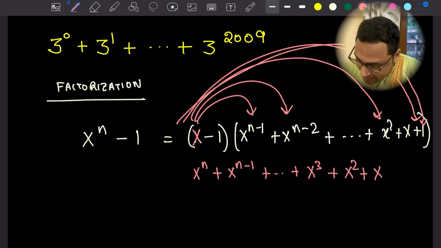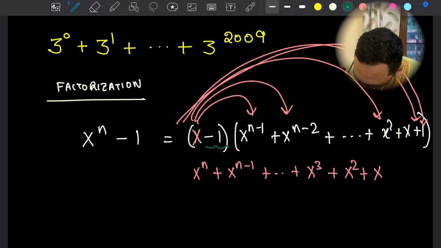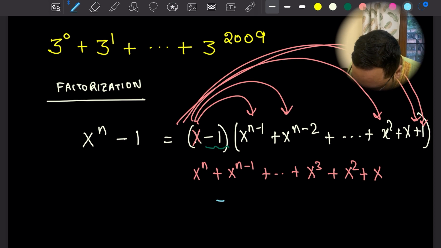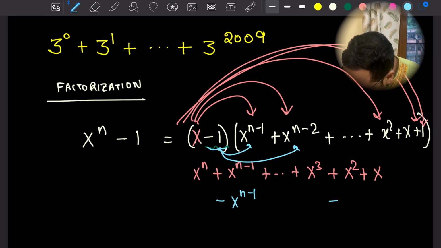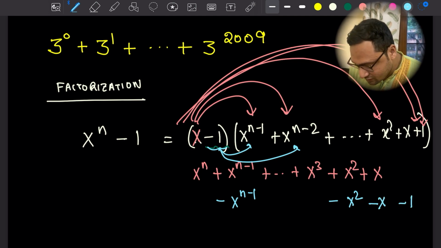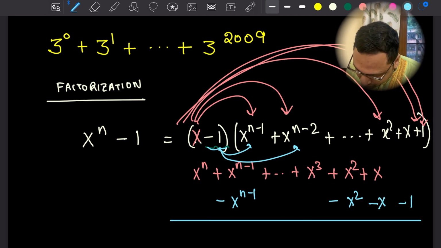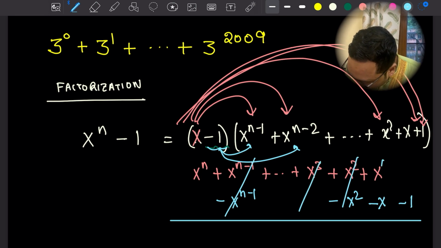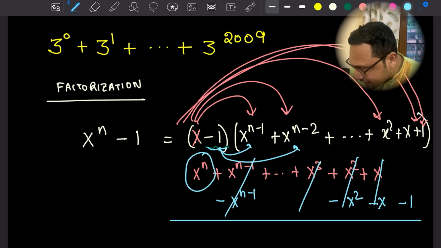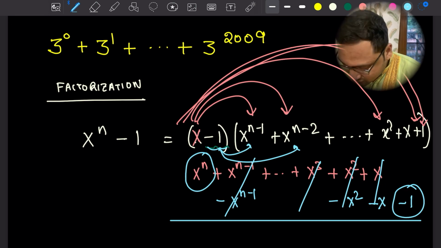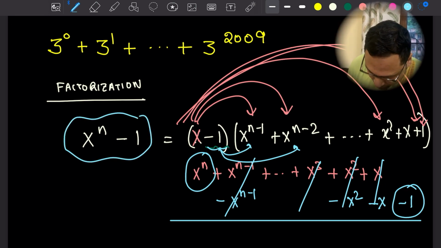And if you multiply it with negative 1, you will get negative x to the power n minus 1, and so on, up to negative x squared, negative x, negative 1. So if you add it up, everything will cancel off except the x to the power n and minus 1. So you get the left hand side.